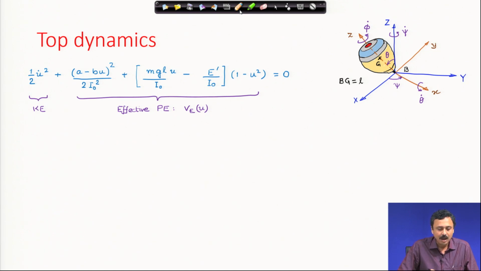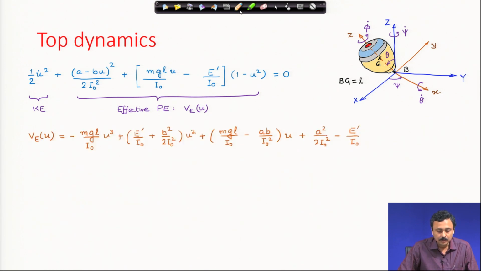And this half u dot squared in a way reflects the nutational kinetic energy. Therefore, this is the dynamics of the nutational angle theta, and this kinetic energy plus the effective potential energy must be equal to 0. This kind of analysis we have also done in central force motion, and we had drawn that effective potential and interpreted so many things out of there, and that is the same thing we are going to do here now.